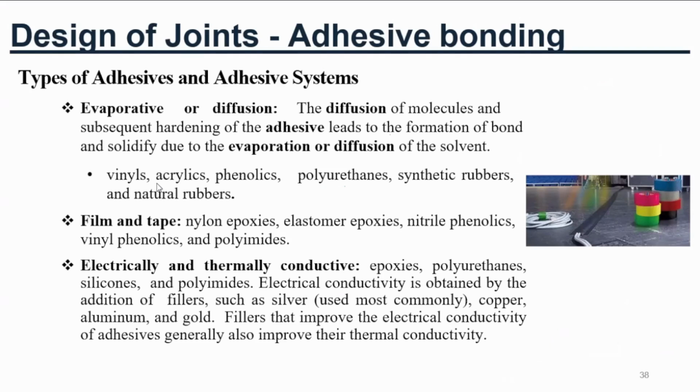Then films and tape. Here you can see nylon epoxies, elastomer epoxies, nitrile phenolics, vinyl phenolics, polymers, supplied as pre-form sheets, tapes, or films of adhesive material.